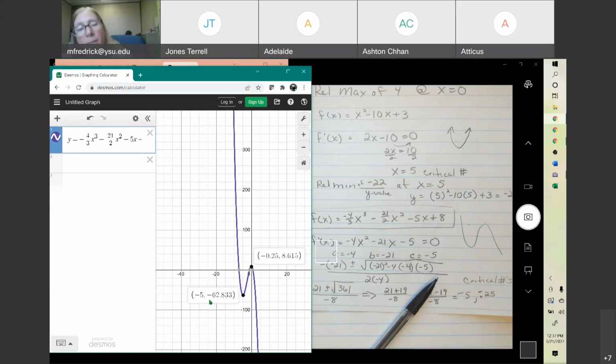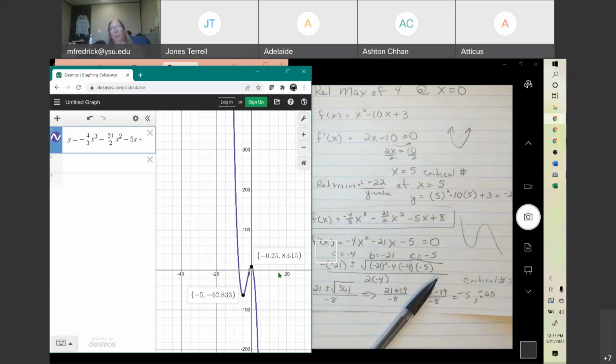So there's a minimum of -63 at -5. And there's a relative max of 8.6 at -1/4. Any questions on getting those values? And then by doing the graph, it helps make sure you don't make a mistake.